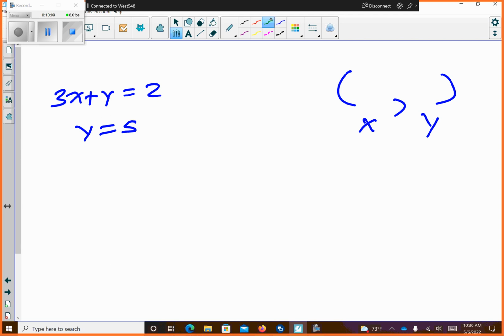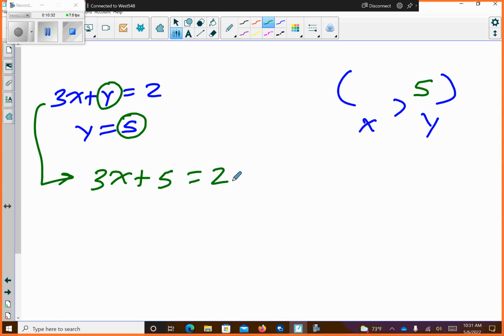So friends, on this first one, is there a value, x or y, that you can guarantee the answer would be? 5. Good. So I definitely know one of the answers. So what I'm going to do with that 5 is I'm going to take this 5 and replace it here. So I'm going to bring this equation down. So I get 3x plus, there was a y there, but now I'm going to put a 5, is equal to 2.